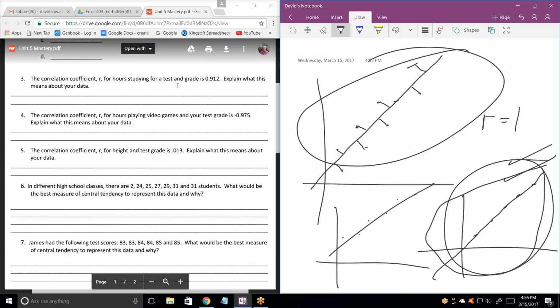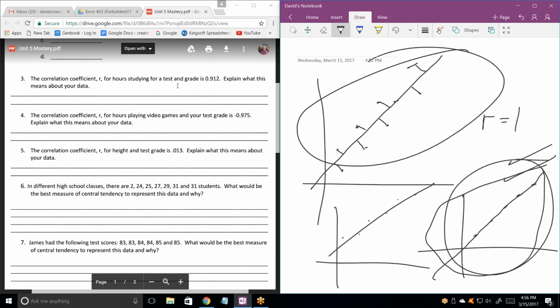Now, for number 4, it's got a negative correlation coefficient. What do you suppose that means? The more you play video games, the worse you're going to do. You got it. You don't think they'd ever give you one that said the more you play video games, the better you're going to do? I mean, you never know.